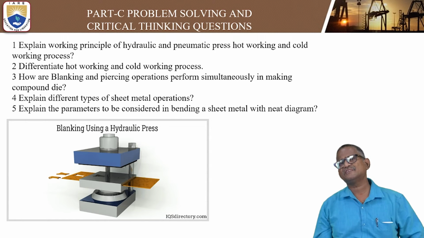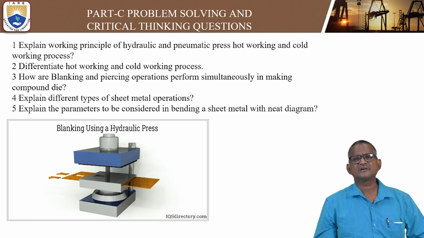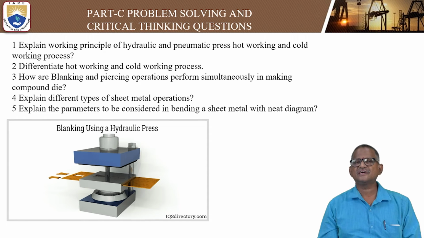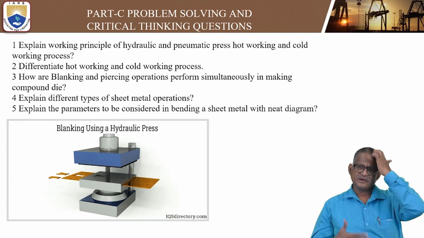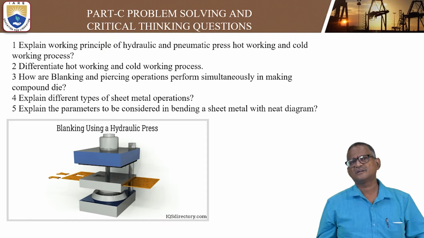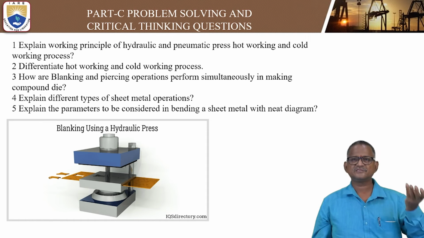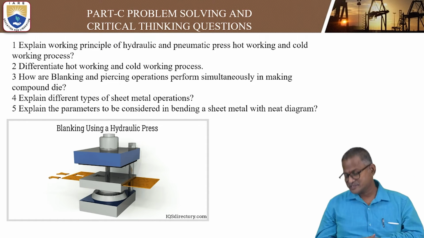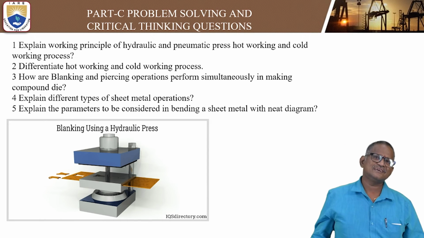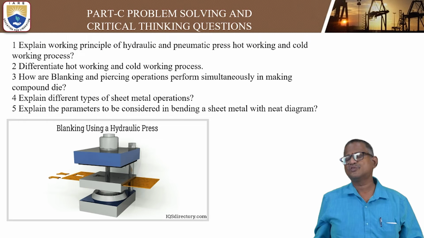The press is a very essential component. Among the presses, some are easy to understand and prepare, and you can explain that clearly. According to the classification, hydraulic press, pneumatic press, and screw press are available. And once again, differentiate between hot working and cold working.